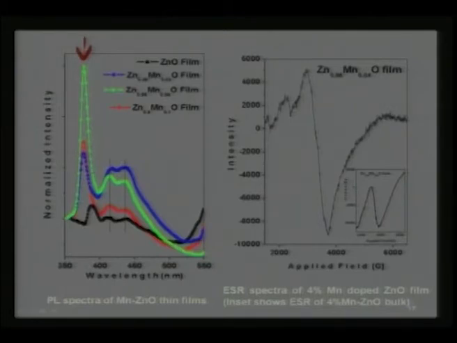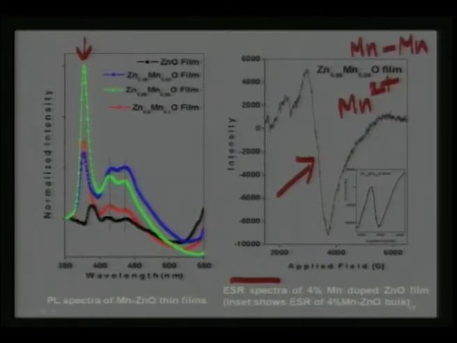And when you go to the ESR spectra for 2% or 4%, this is what the cartoon says, that there is no signature of isolated Mn2+ signal, rather you see a very broad signal, and this broad signal is suggesting that Mn2+ are having some sort of clustering.